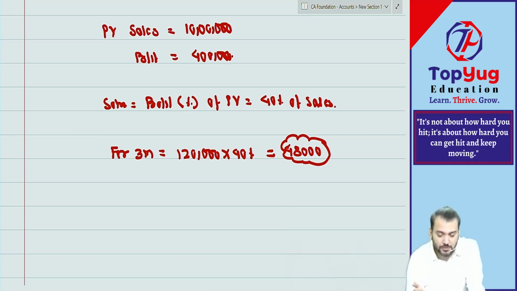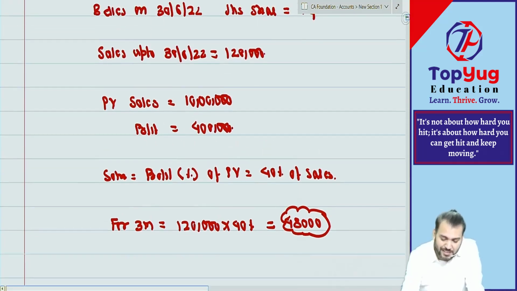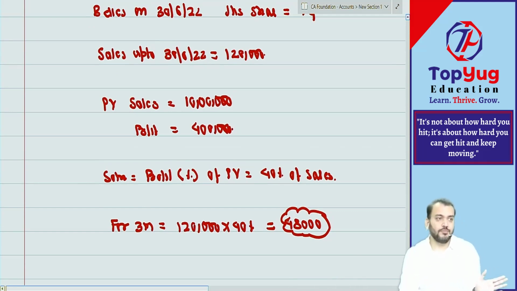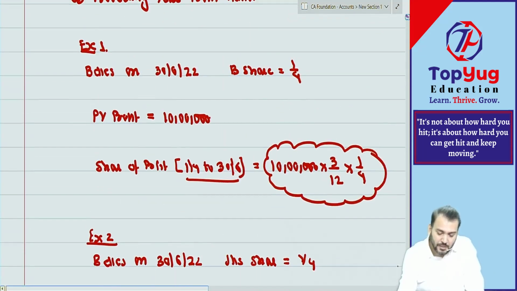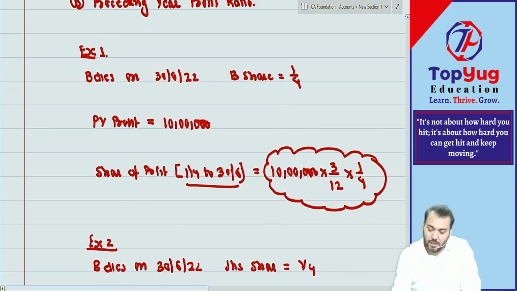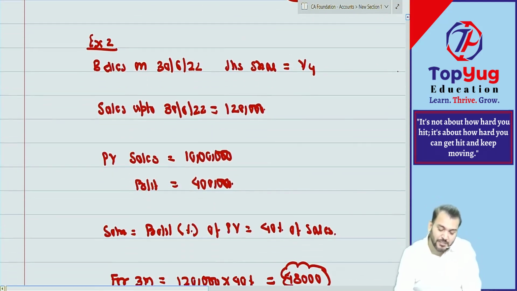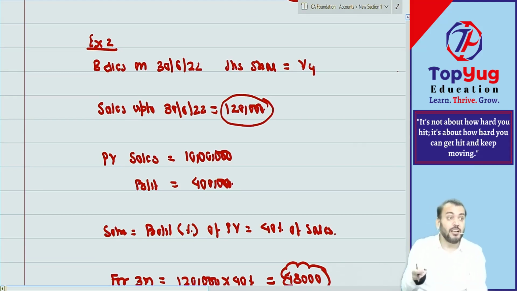I said it may be calculated either based on profit or based on sales or profit percentage. So last question, no doubt. Example number 1, no doubt. Now in this question they have given sales of current year 3 months, because sales were already done. So we know this figure, but we don't know how much profit has been earned on this.